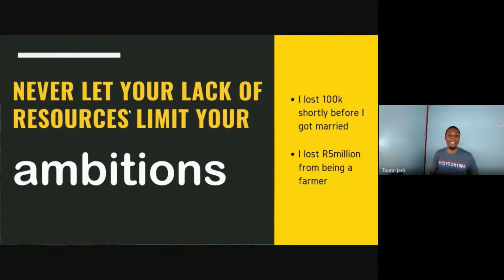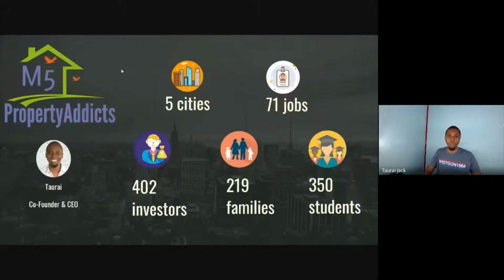But the thing is, if you never let the lack of resources limit your ambitions, you can do it. Anyone can do it. And today, I want to cover on the next couple of slides how you can do it. Because we're always talking about this, right? Don't limit yourself. The sky is the limit. But how? How are you going to do that? And today I am going to show you guys how you can do it.